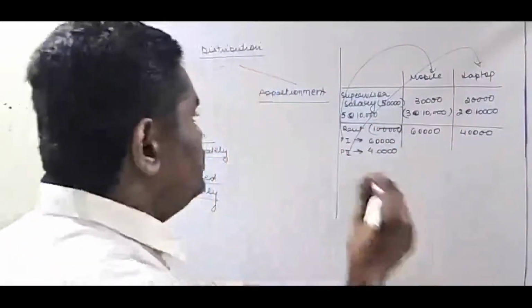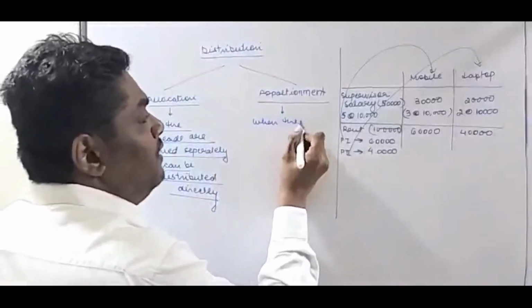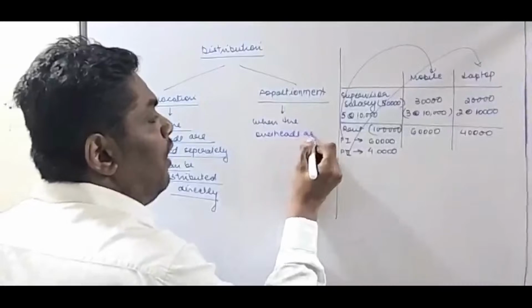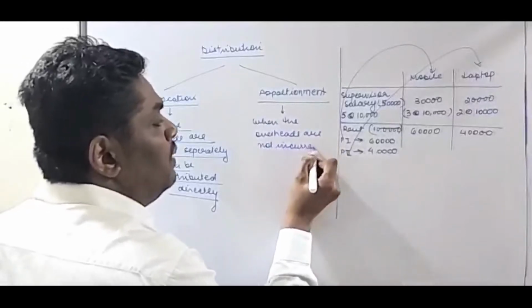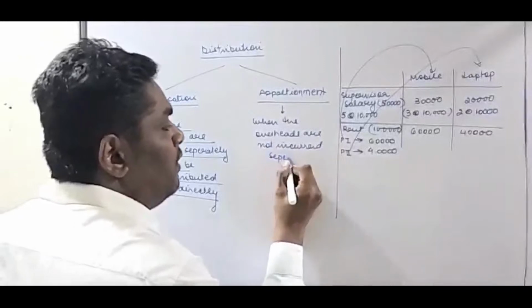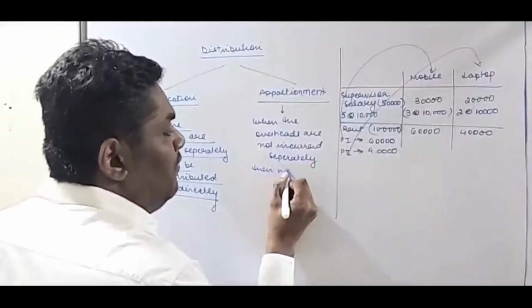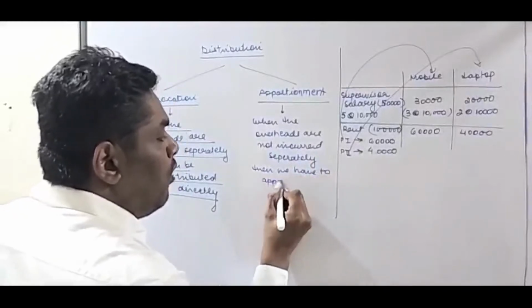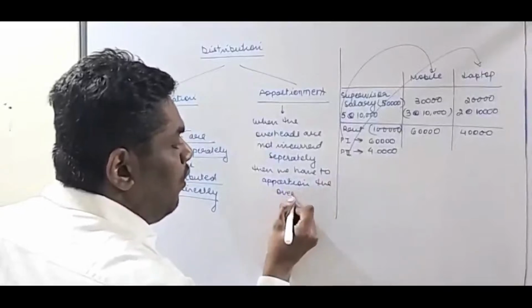So when apportionment comes into the picture, when the overheads are not incurred separately, then we have to apportion the overheads.